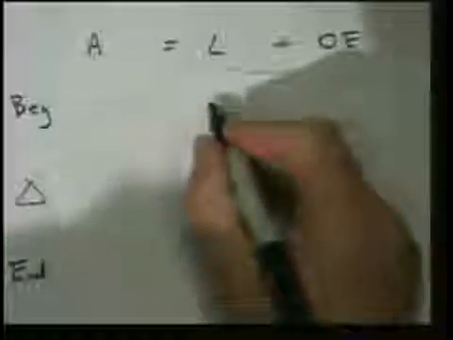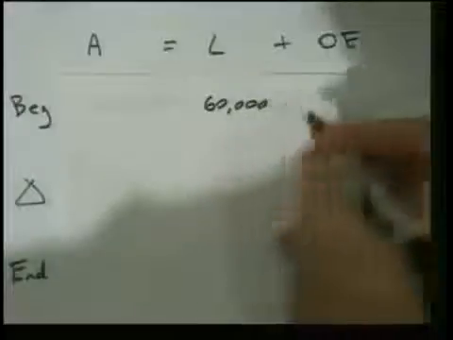Okay, let's do another one then. Let me see if I got another piece of paper here. Okay. We're on C on exercise 1.8. At the beginning of the year, Keller Company's liabilities equal 60,000.